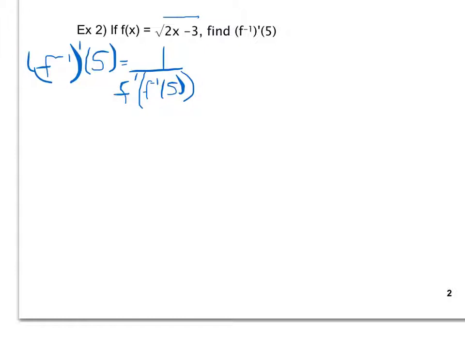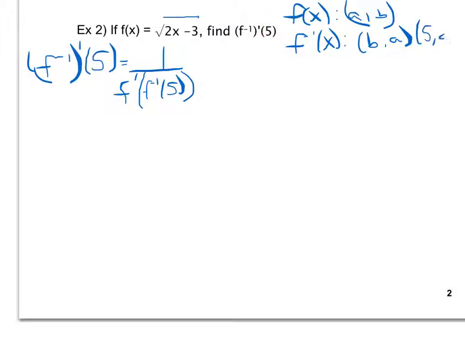So I'm going to go ahead and find f inverse of 5, knowing that if f(x) has the point (a, b), then f inverse of x has the point (b, a). So if I'm trying to find f inverse of x when x is 5, I know that my original function had that same value when its y value was 5.